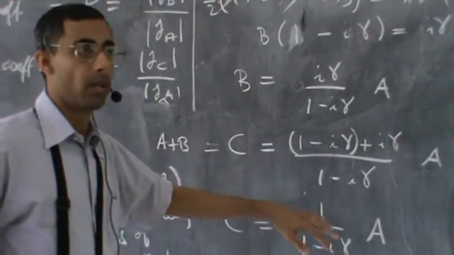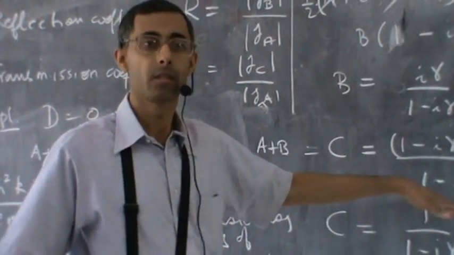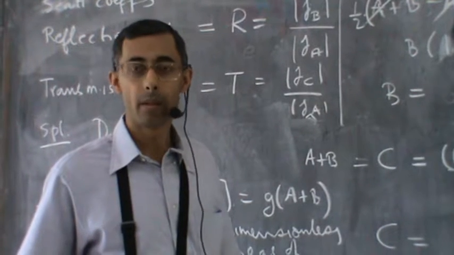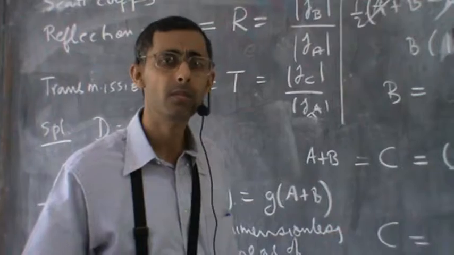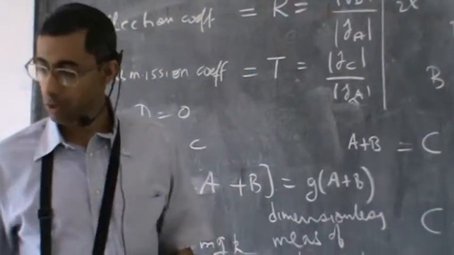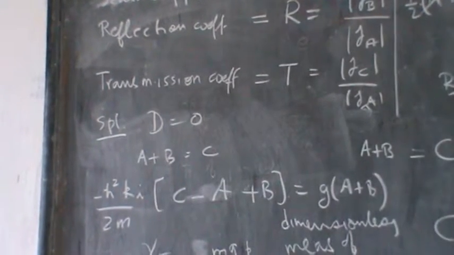Good. Now, our job is not done. There are some more issues in this which will be discussed in the problem set. However, in the remaining time, how much time do we have? 15 minutes. Excellent. So I want to now introduce an important concept in scattering theory called the scattering matrix.